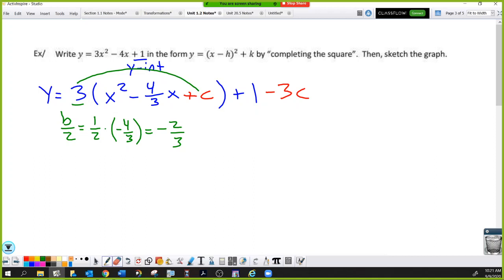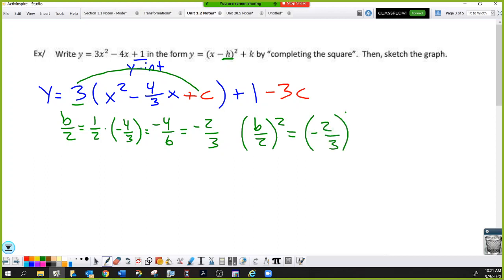You know, if I could say it, I can write it. There. Okay. Now your c term is found by squaring that result. Now that result's important, that -2/3, because it is going to go right there. So let's square it. Which has a net result of squaring the top and squaring the bottom.